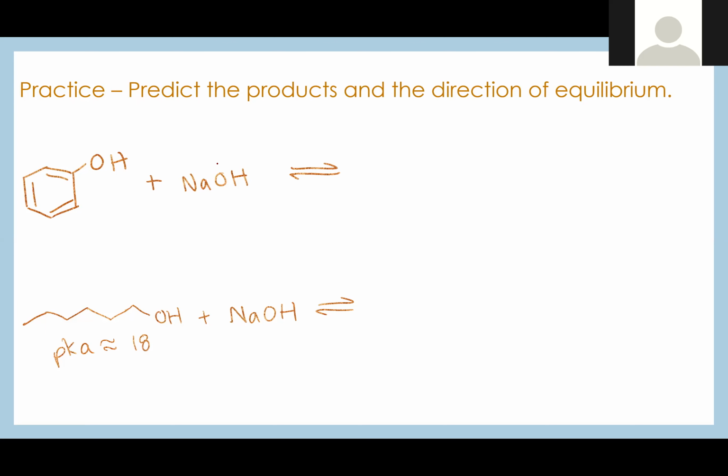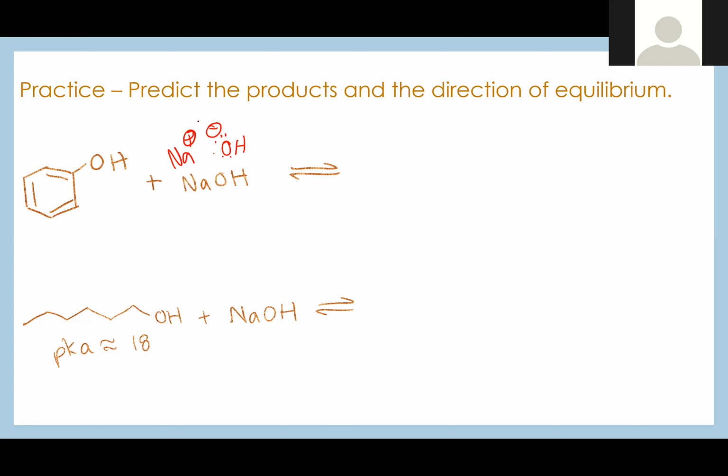Sodium hydroxide. Right. So remember that sodium hydroxide would dissociate to sodium plus and hydroxide minus, and that negative charge gives us a pretty solid hint that that's our base. So then what is the base going to do?